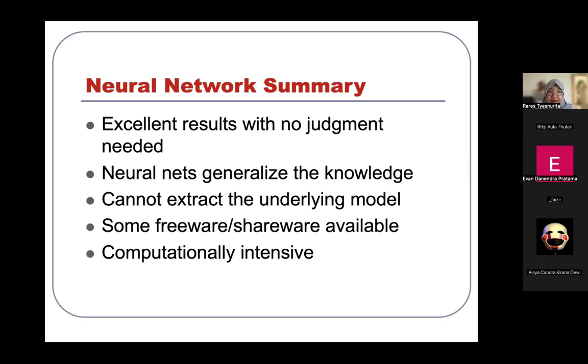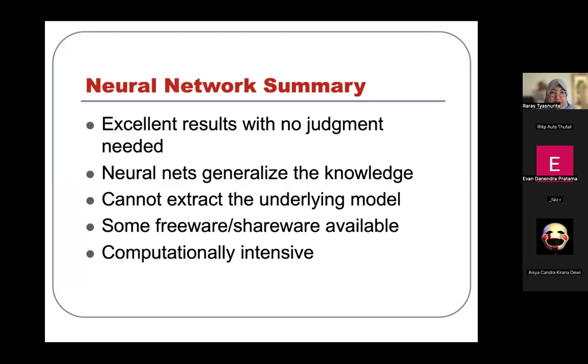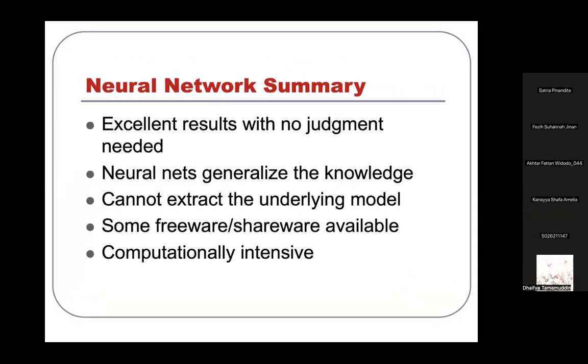Why do we still use a lot of artificial neural networks nowadays? Because of their excellent results, and we don't really need to learn deeply about the data. The neural network will give you knowledge about that, because they can generalize the knowledge.